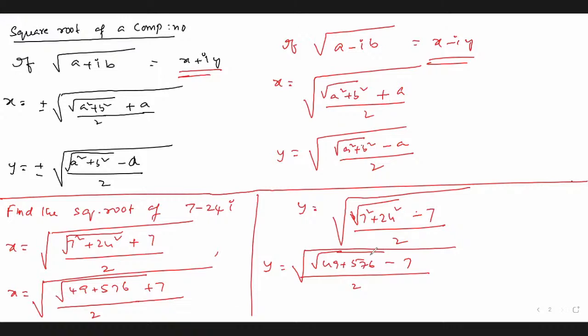Simplify this. 625. That means I am going to get x is equal to root 625, which is 25. Root of 25 plus 7, it is 32 by 2, which is equal to root 16, which is equal to 4. And y value is equal to the square root of 32.